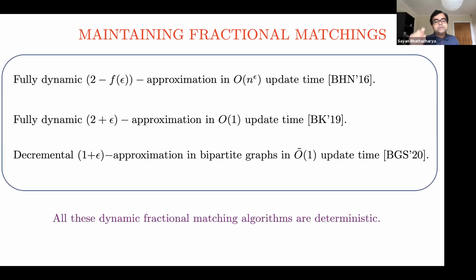In particular, all these 3 algorithms are deterministic. 2 of them run in very fast polylog update time, and 1 runs in arbitrarily small polynomial update time. So for dynamic fractional matchings, we can get deterministic algorithms with very fast update times. That's the take-home message.